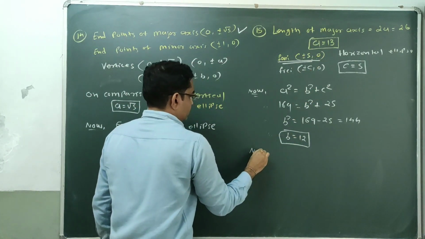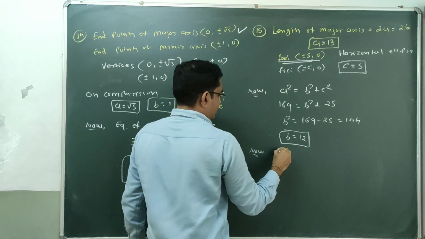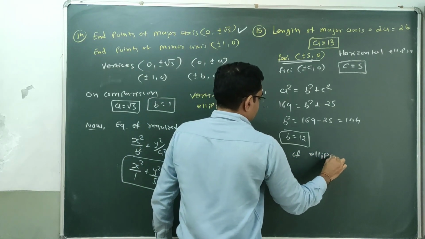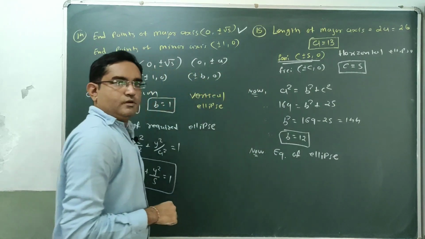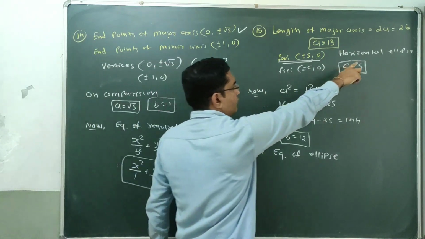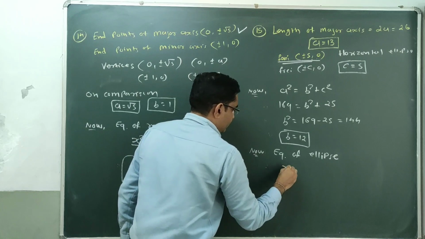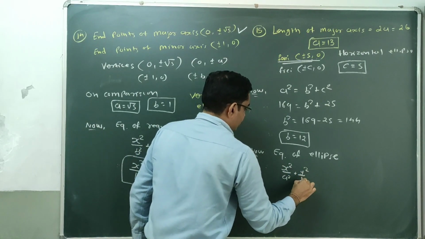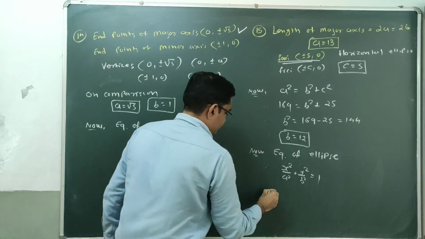We have the value of a as well as b. So now we can write the equation of the required ellipse. Which type of ellipse is there? Horizontal ellipse. For a horizontal ellipse, our equation is x square upon a square plus y square by b square equal to 1.